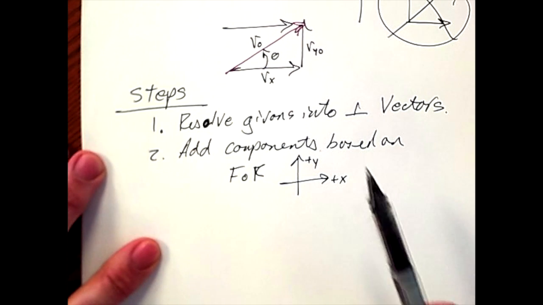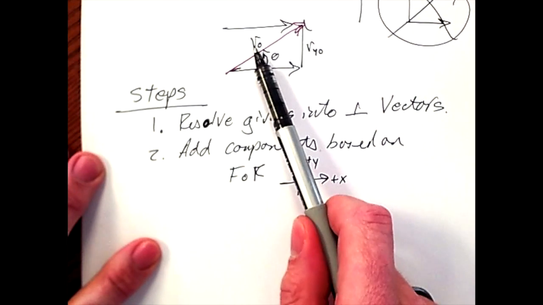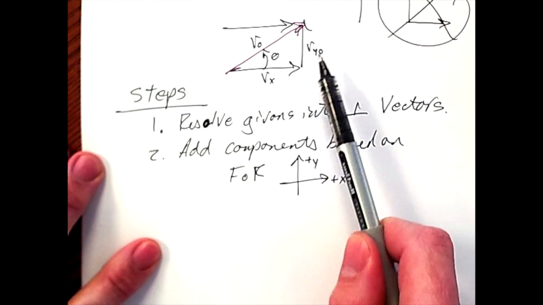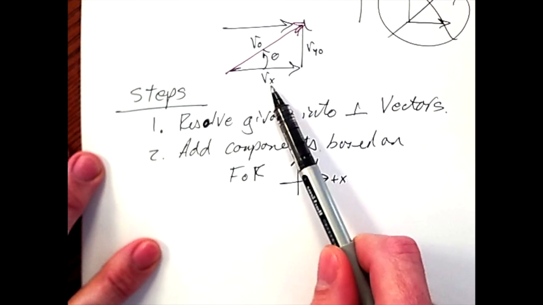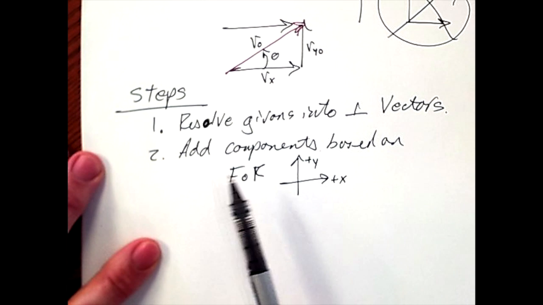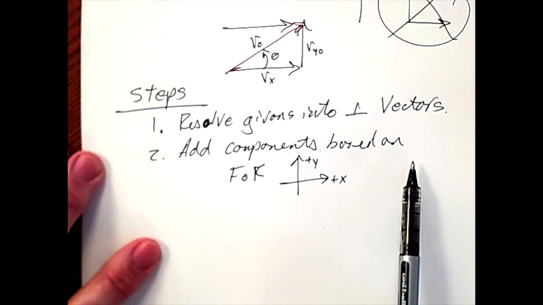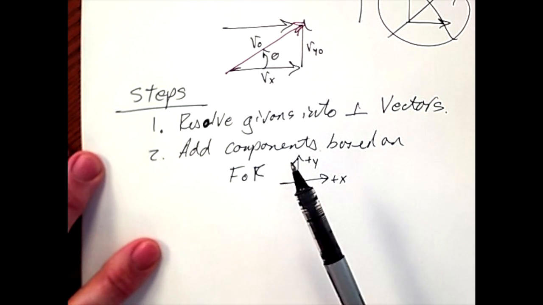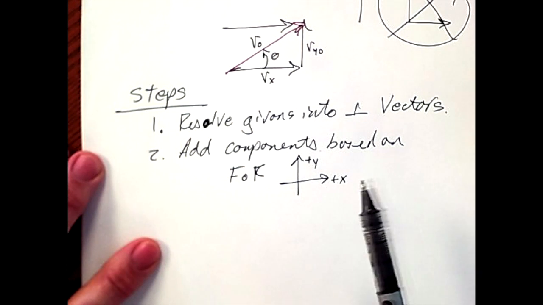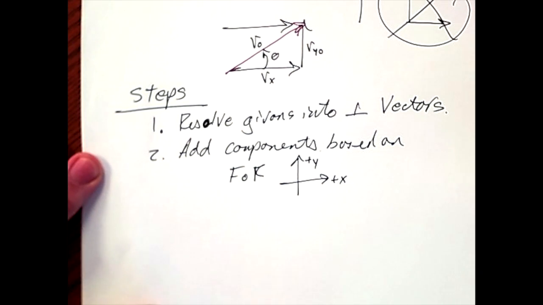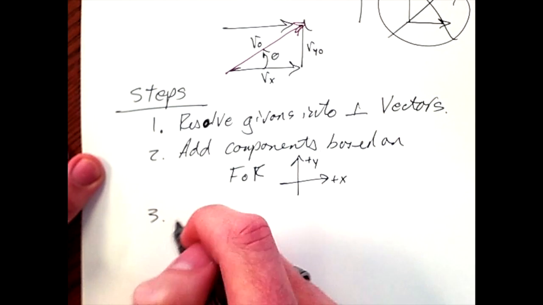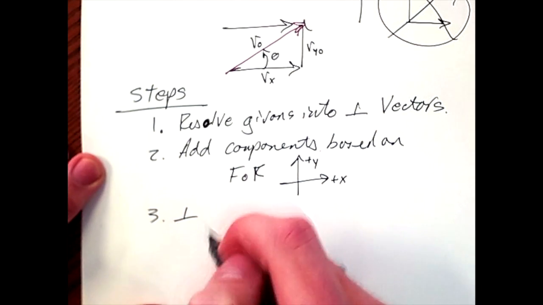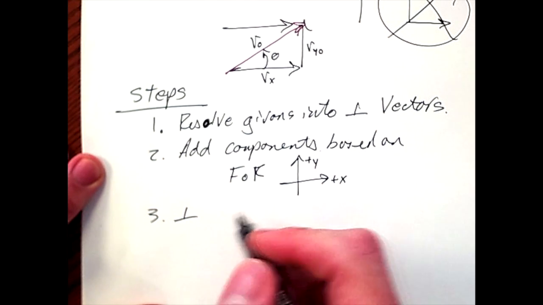And so what we could say is that A has a component of x and a component of y, and B has a component of x and a component of y. And so we will add ax and bx together, and we will add ay and by together, right? And then the third step is to take that final solution, the perpendicular addition of those components.